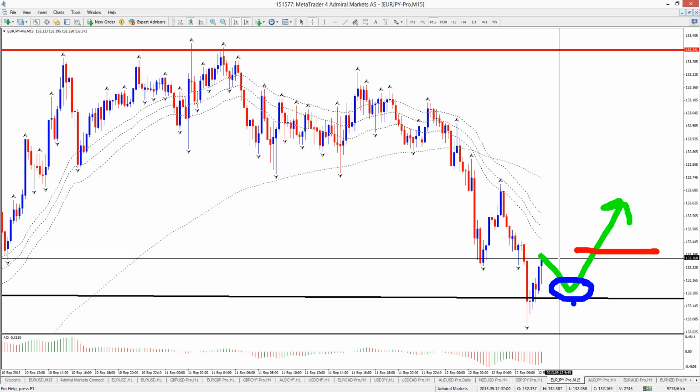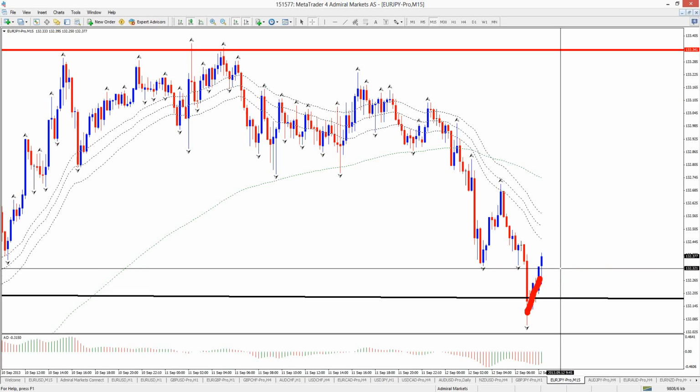So here you can see that although the 5-minute has made a higher high, the 15-minute hasn't. You can see the 50-minute is still retracing, and at some point it has to make a higher low before it moves up more.